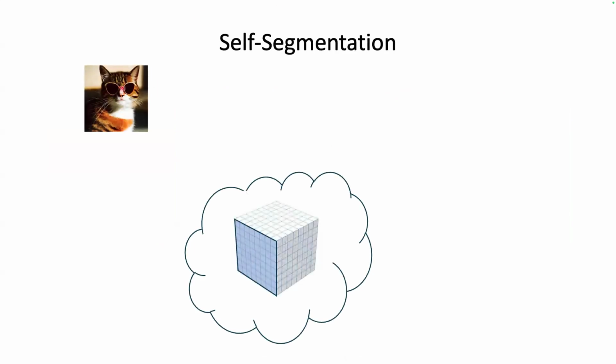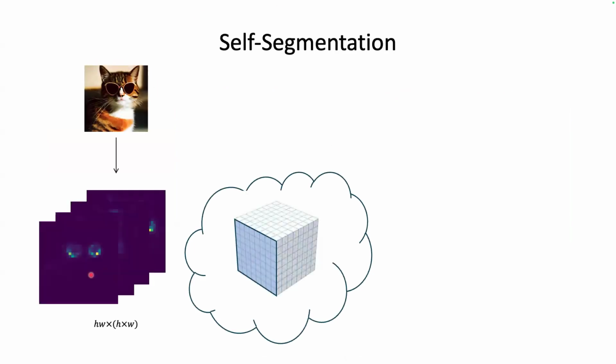Given an image that we're generating, again, we can stack the self-attention maps in a specific layer and specific timestamps. If the dimensions of the image are h times w, then this gives us h times w maps, each of them h times w.